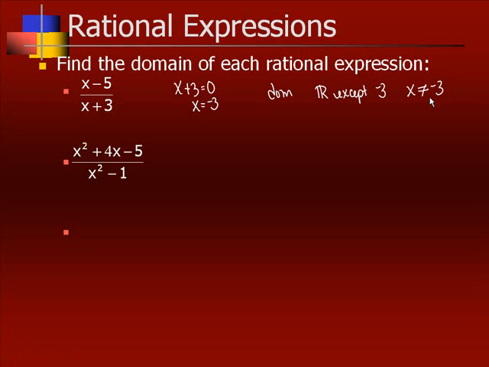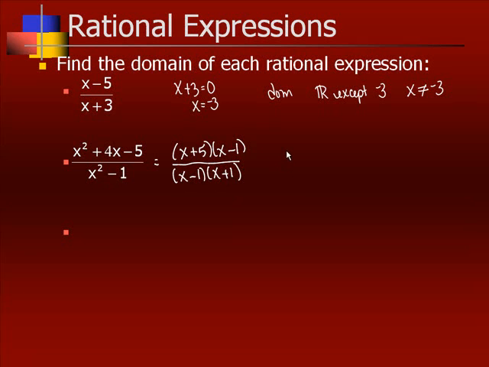Now the second one, we said we'll factor: x plus 5 times x minus 1 over x minus 1 times x plus 1. Now remember, we said that would reduce, but when we're talking about domain, we always look at the original function.